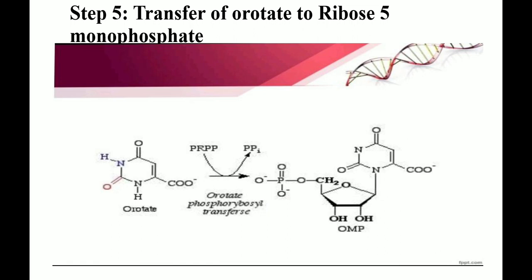The reaction is catalyzed by the enzyme orotate phosphoribosyl transferase, which is driven by hydrolysis, and there is elimination of PPi, that is pyrophosphate. This reaction fixes the anomeric form of the pyrimidine nucleotide in the beta configuration.